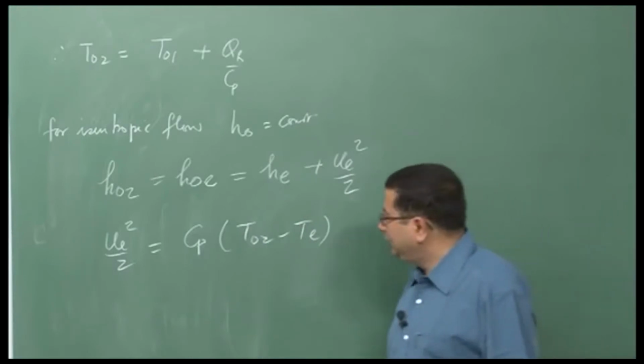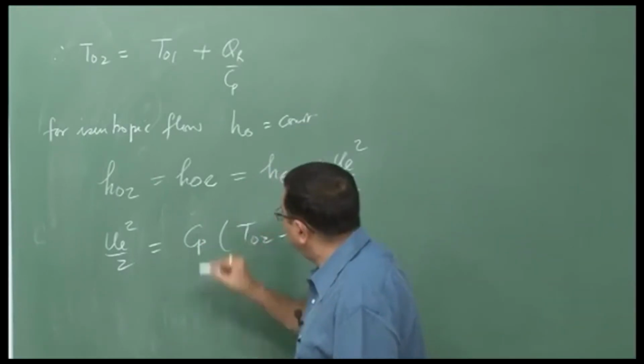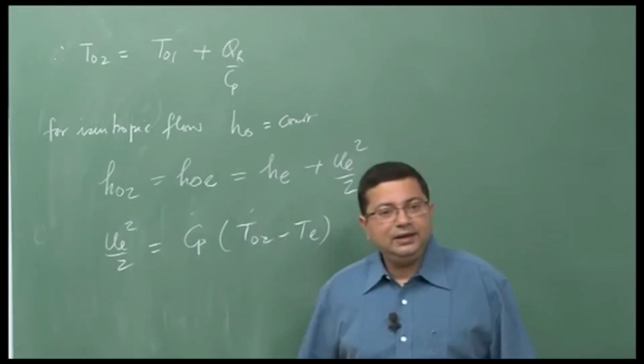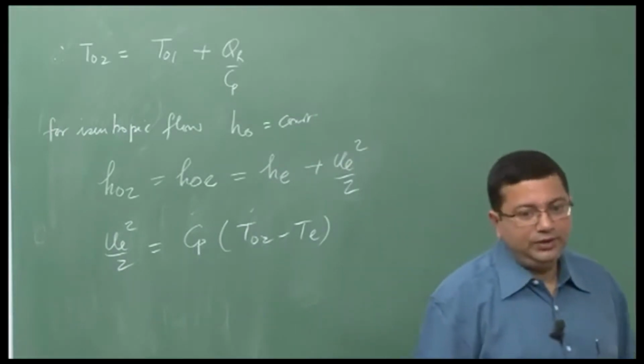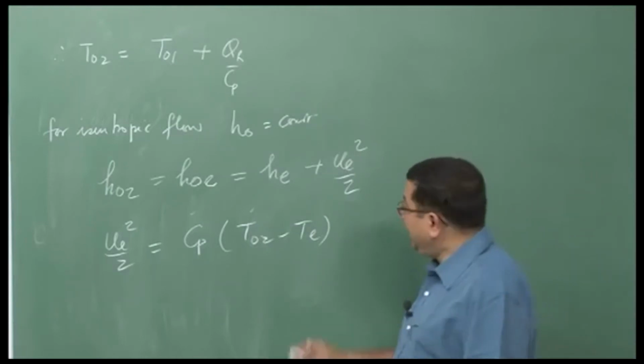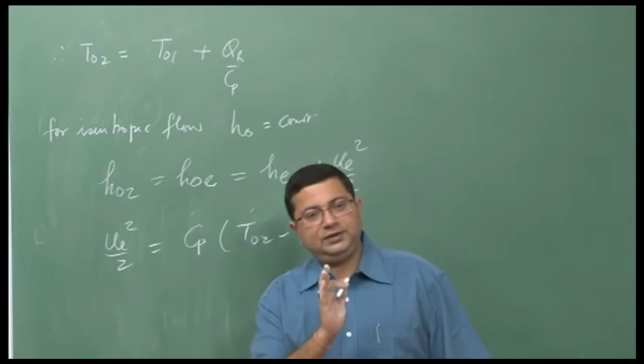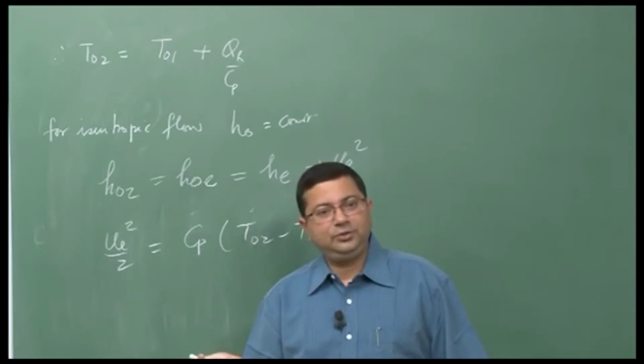Okay. So, now in this equation Cp is known, T02 is known. If we can estimate Te, we can estimate the exit velocity ue. We are considering the nozzle to be isentropic. So, therefore, the process for the nozzle flow can be considered to be isentropic.